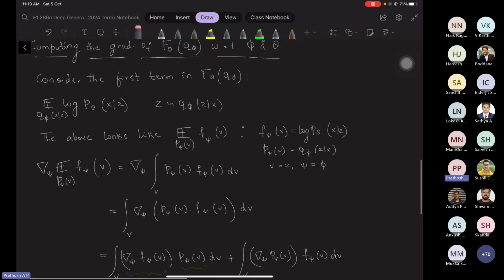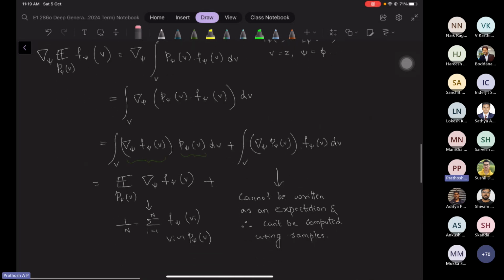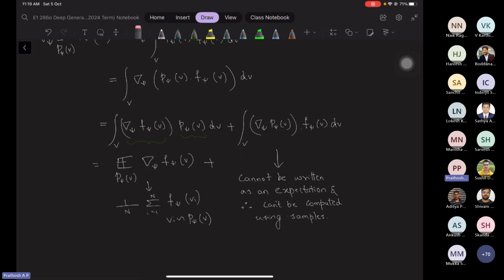Algebraically, if you take the gradient, you cannot express the second term that comes up in the gradient of the expectation in terms of sample averages, and therefore that cannot be computed. Is this point clear to all of you?